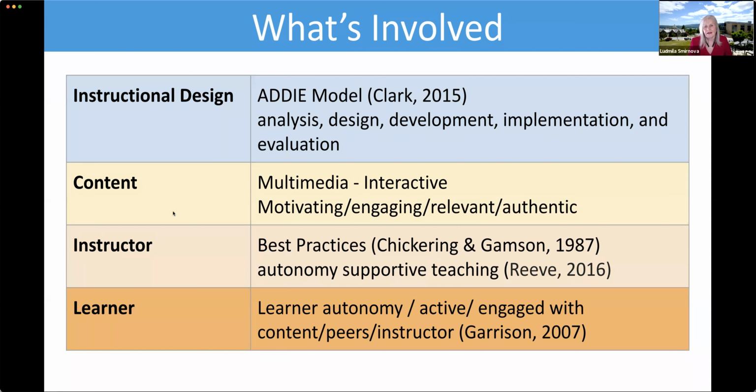Then content, and what we just discussed is multimedia, how it is involved and how it's interactive, how content engages students in learning, and how students interact with content, the teacher, and colleagues or peers. And is it relevant? Is it authentic?